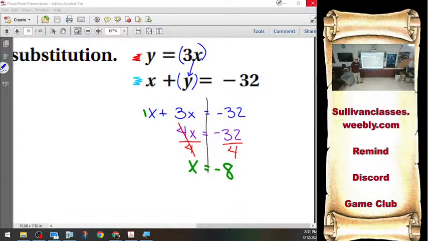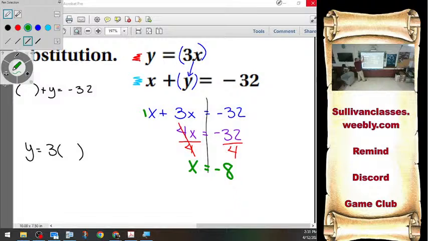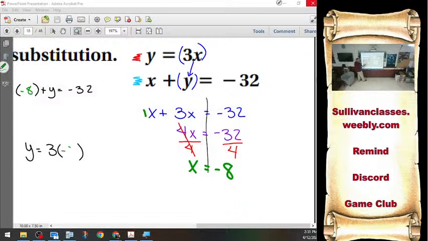You put negative 8 plus y... No, I have the choice. You're right. You can plug it in either one of them. I can say x plus y is negative 32, or I can say y is 3 times x. In both cases, we said negative 8.